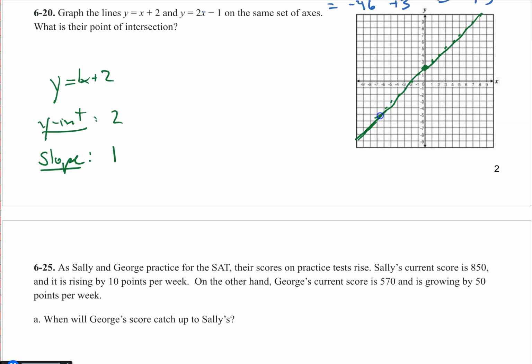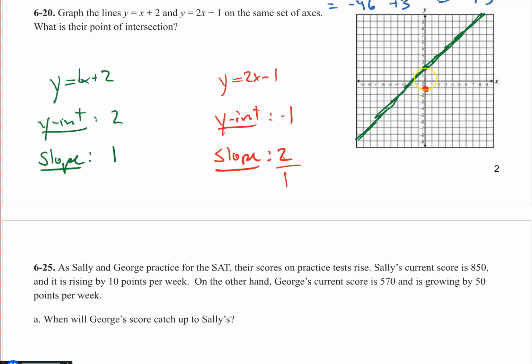Use a ruler so your line will look better than mine. Now we'll graph the other line, 2x minus 1. The y-intercept is -1, and the slope is +2. So if we put -1 on the y-axis, then we get the slope from the number in front of x, that's 2. Remember, 2 is the same as 2 over 1.